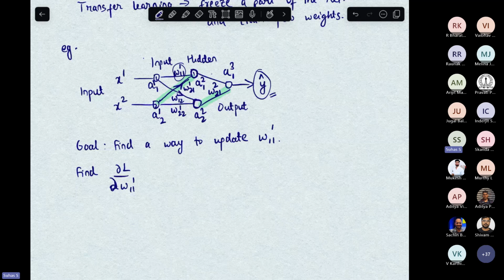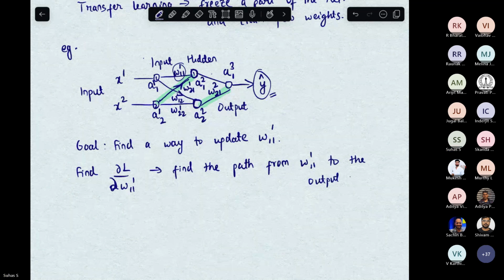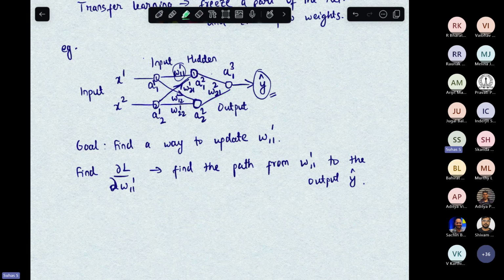And the way we find it is we see what is the path. So what we do is we find the path from W11 of 1 to the output y hat. Okay. So first we identify the path, okay, maybe I'll show it in a different color.